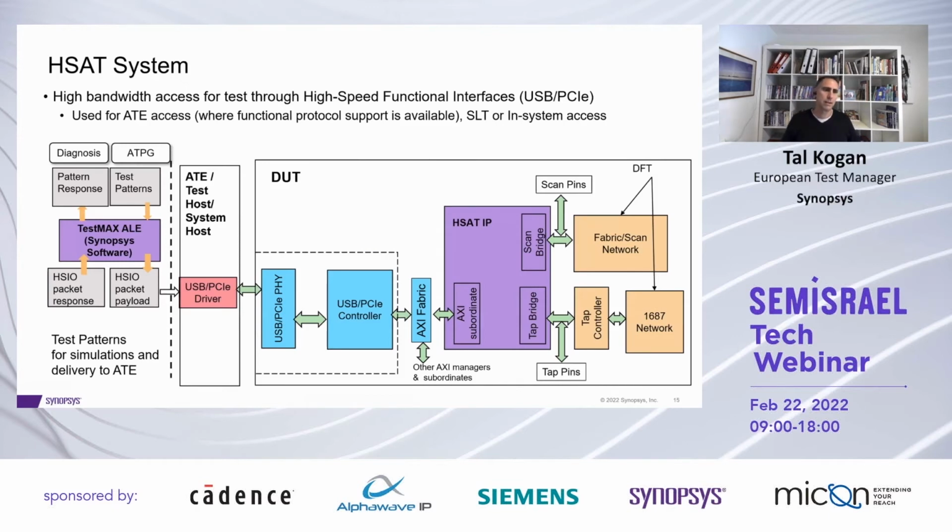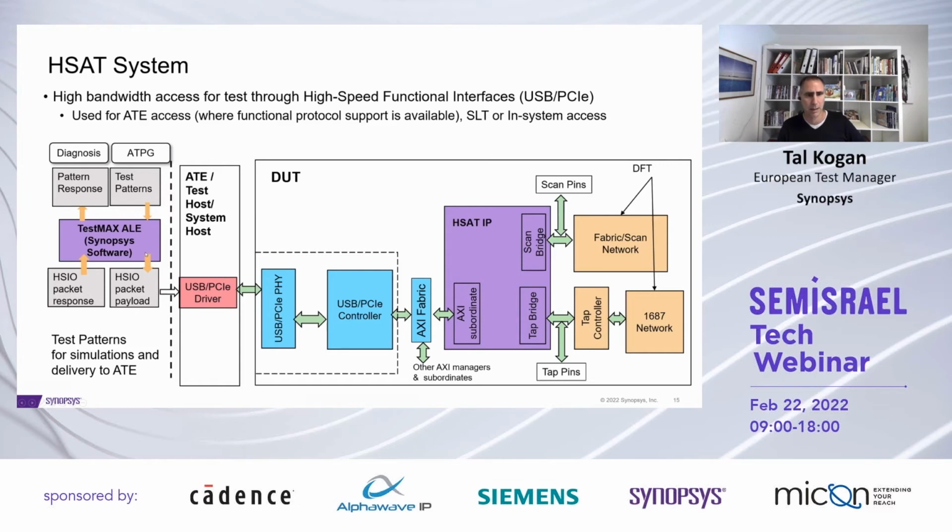Now here we see the entire system. You can see that the tester might even have a driver in the case of a production use case, for example. We'll talk about the way you generate the test patterns and what kind of transformation you have to do to them through the TestMax software.